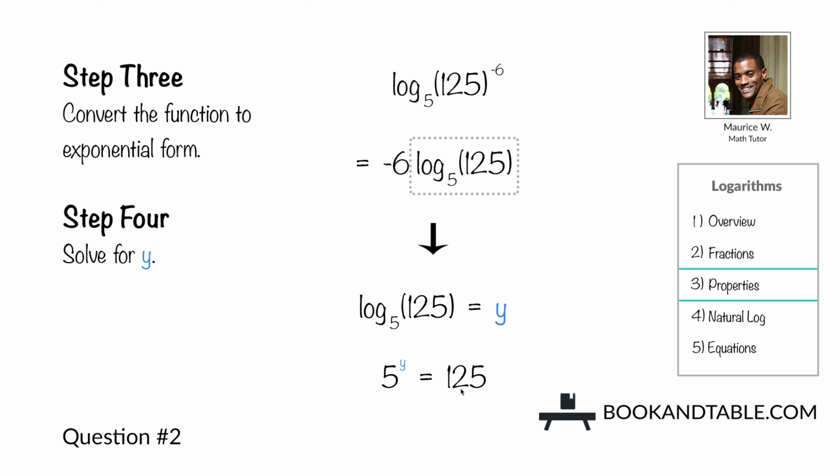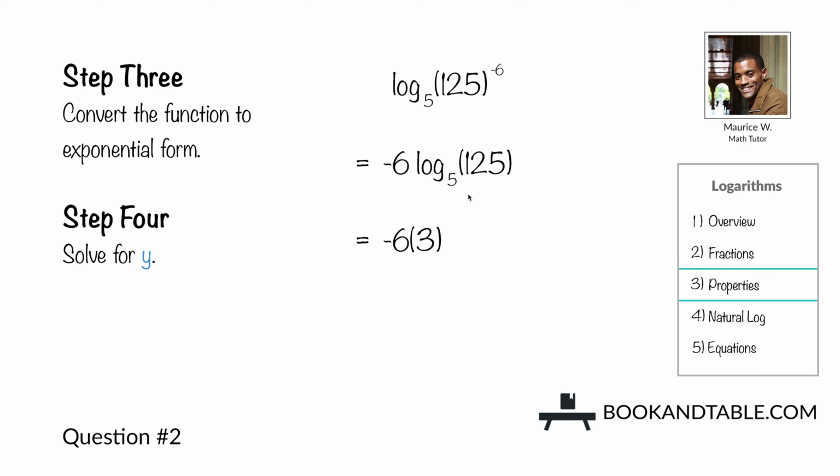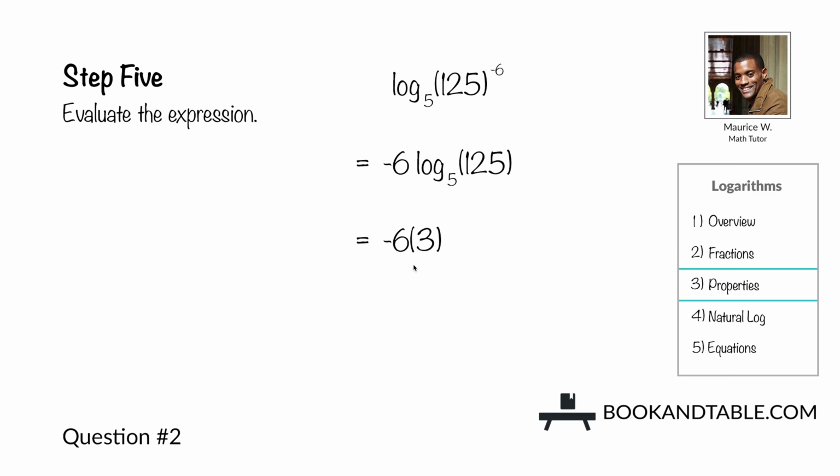125 is equivalent to 5 raised to a power of 3. This shows us that y is equal to 3, which means the log of base 5 of 125 is equal to 3. So we can replace the log with its equivalent value 3. And now we can evaluate the expression -6 times 3, which is equal to -18.